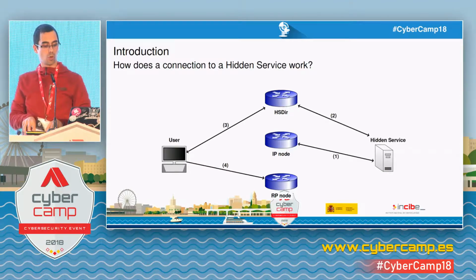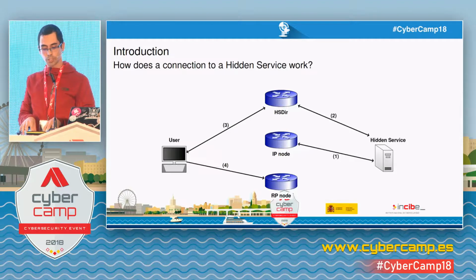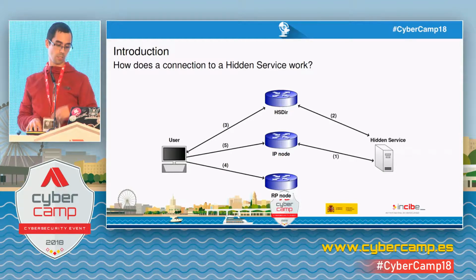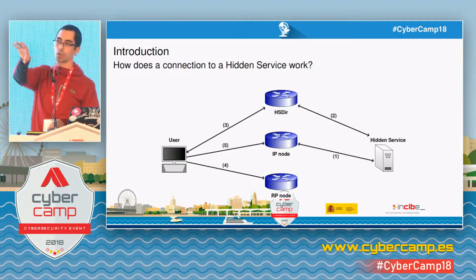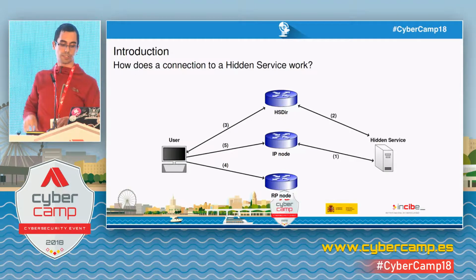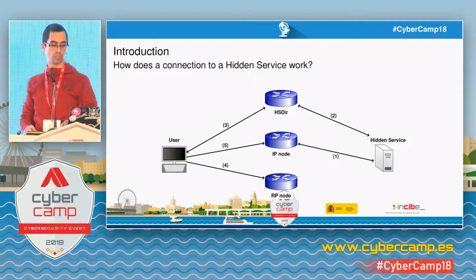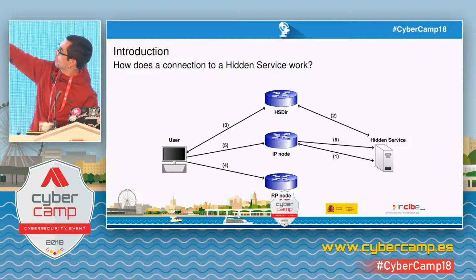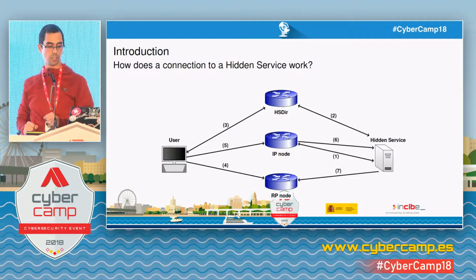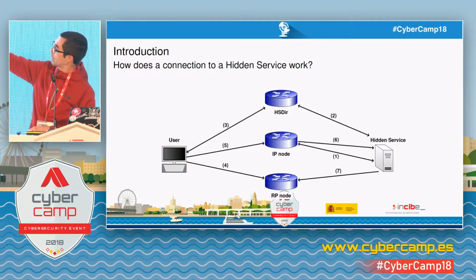So the client chooses the set of RP nodes where he wants to meet the hidden service. Once the HS dir tells him about the IP node, he communicates this information to the IP node, and the IP node communicates that to the hidden service. And what happens next?